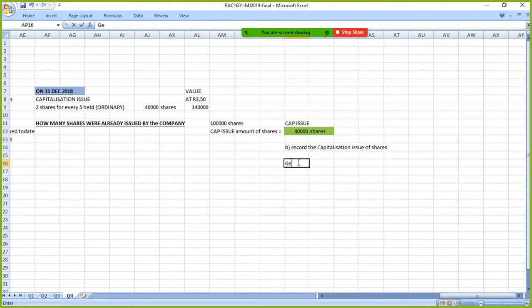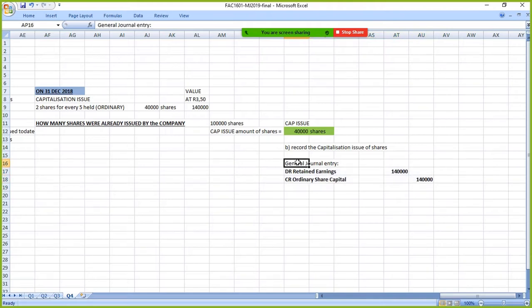So my general journal entry is debit retained earnings, credit ordinary share capital. The retained earnings will be debited with 140,000 and the ordinary share capital would be credited with 140,000.